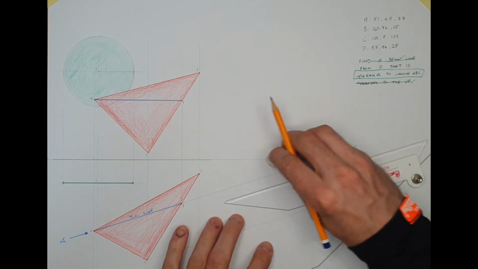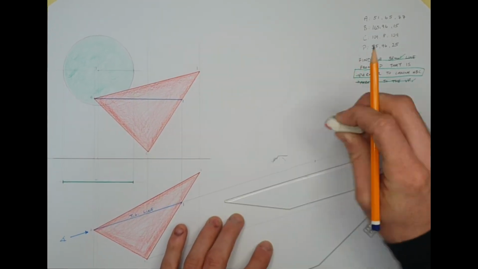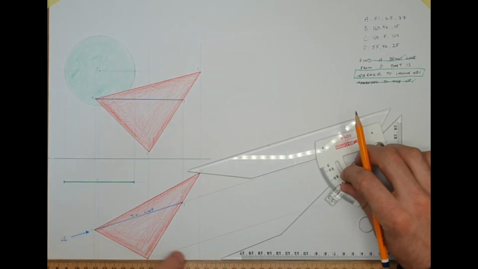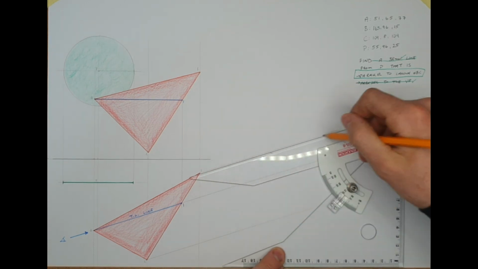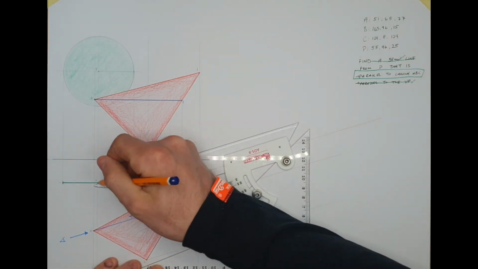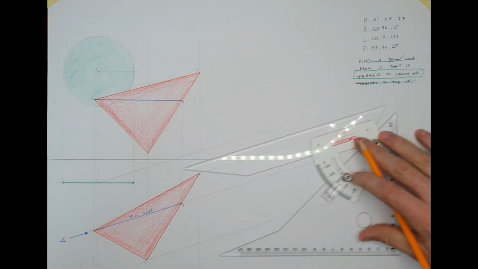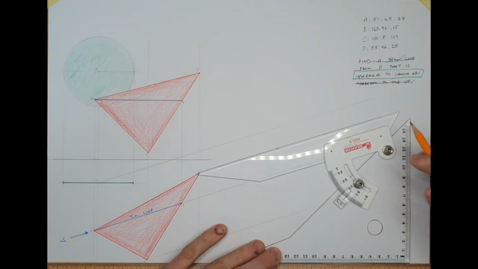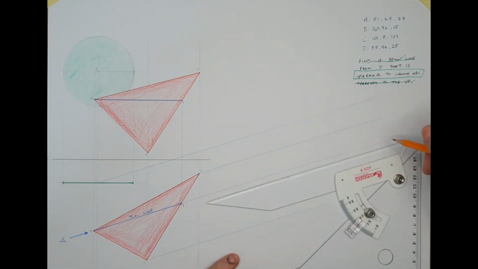Just rub out the excess of the original XY that I don't need. Take point B, and I'll also just take, for now, just point P here in the center of the disc. And there we go.